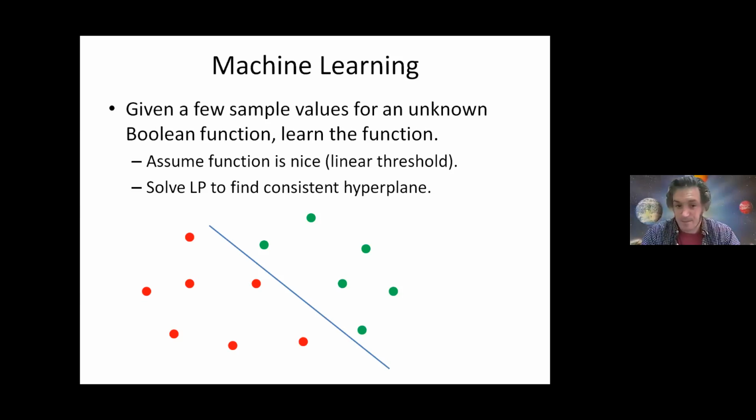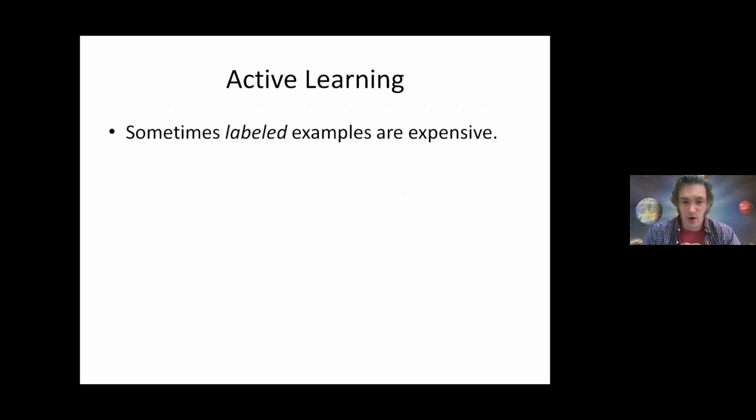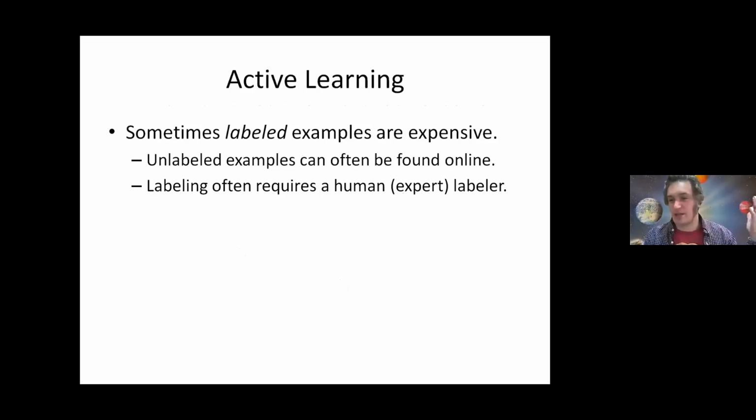And you just need to solve that. So active learning is a modification of this that comes out of the idea that sometimes getting labeled examples of your function is expensive. You can imagine that if you just want unlabeled examples, pictures that may or may not contain a cat in them, that's really easy to gather in a large data set.